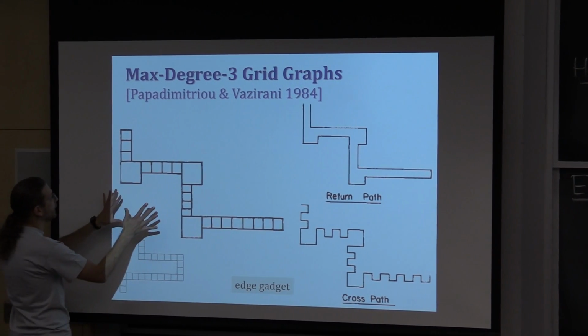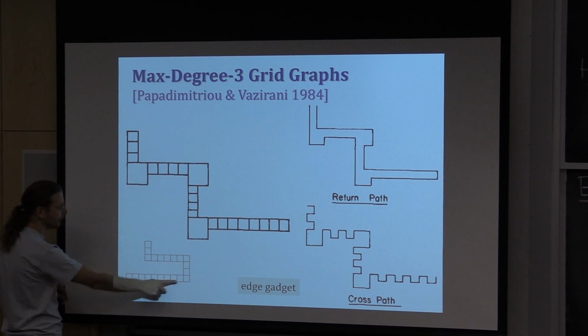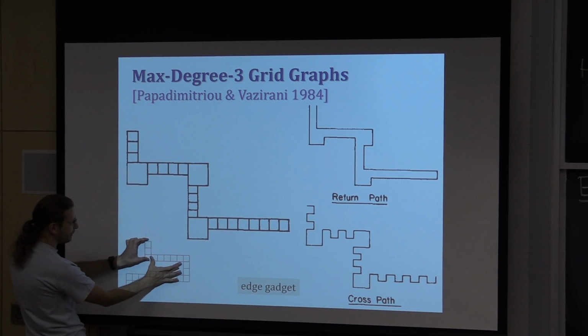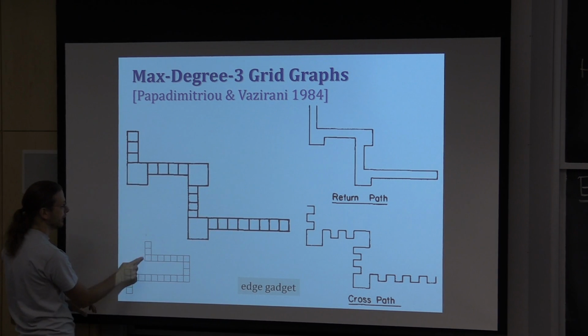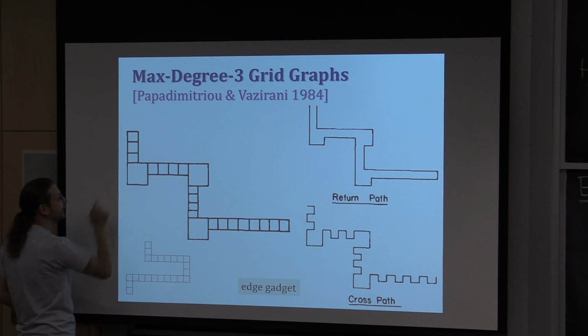So this is actually very similar to the edge gadget we saw before. Here's the old edge gadget. And the turns, see, before when we had a turn, we had a degree 4 vertex. I want to get rid of that. And I'm going to get rid of it by just shifting these things apart and blowing up this cycle. So I end up with a bigger cycle here. I end up with an edge connection there.